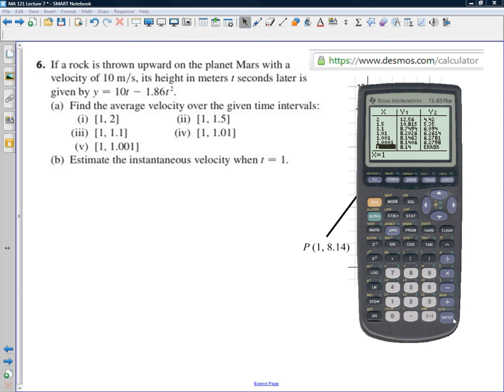So I'm going to come up here. I'm going to visit over here on the right, and I can estimate the instantaneous velocity when t is 1 by that slope value of the secant when I got very, very, very close to 1. So let me take a picture of that and insert it.